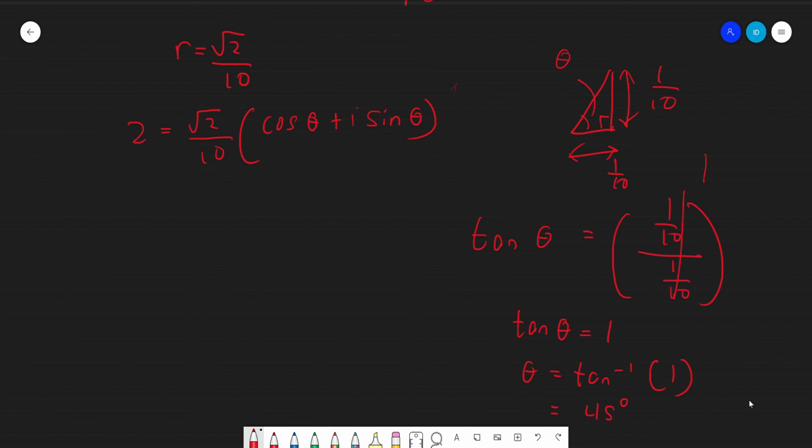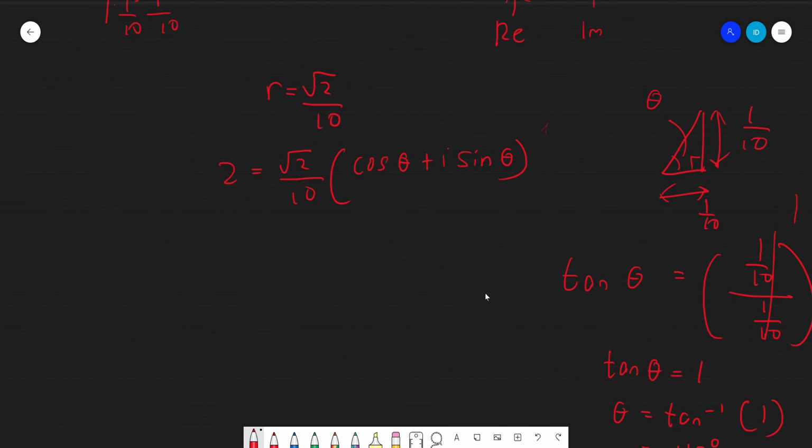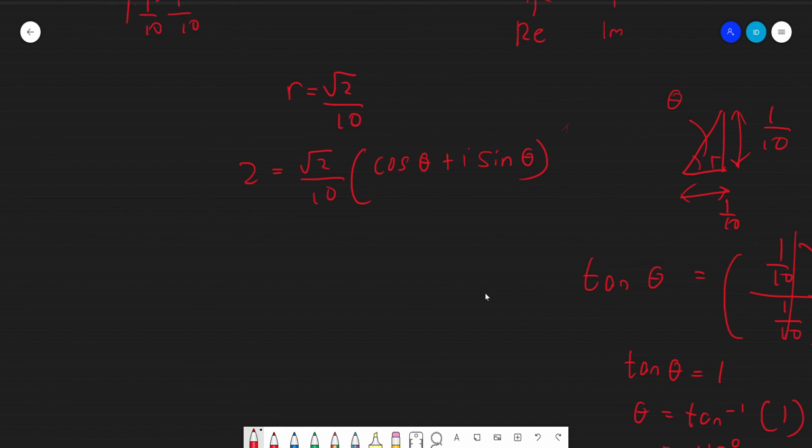Now 45 degrees is in degrees obviously, so we have to change it to radian by multiplying it by pi over 180 degrees. So 45 times pi over 180 degrees, you will get pi over 4, and this will be in radian. For this question, it's pretty simple since it only happens in the first quadrant, so we don't need to worry about the negative signs, clockwise and anticlockwise.